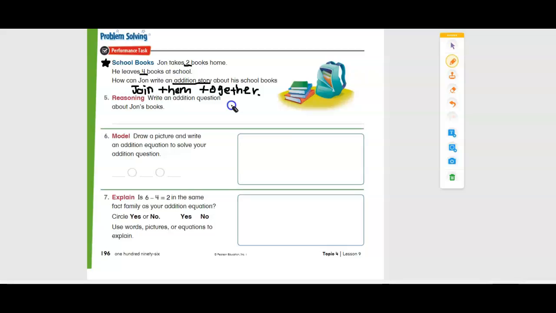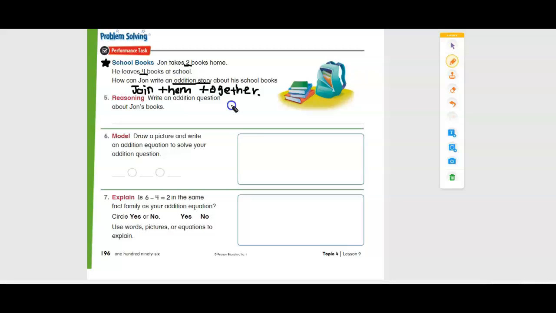In our guided practice, we asked how many more treats does Carlos have? And in our cookie question, we asked how many cookies do we have in all? So those are examples of an addition question. So that is an example of a question we could ask in our story problem.